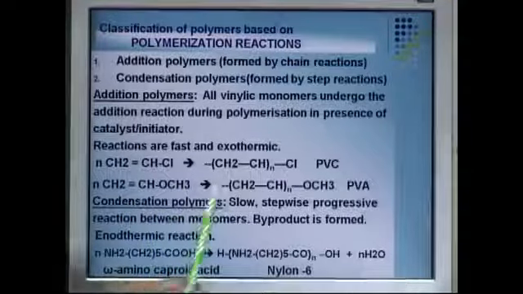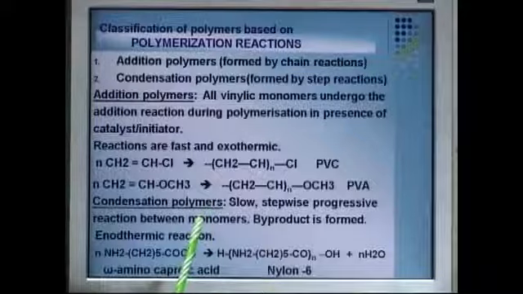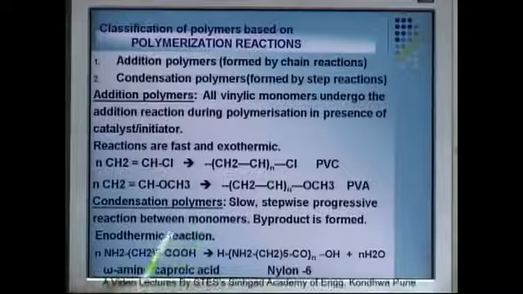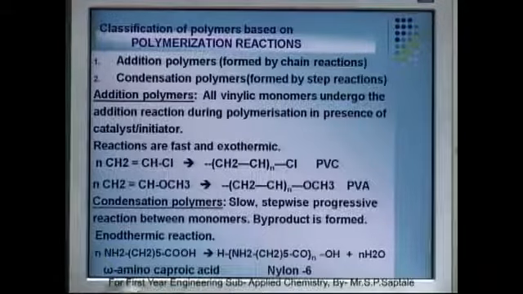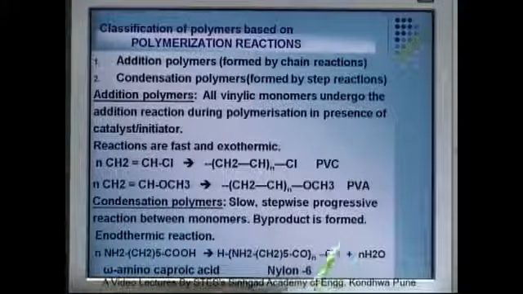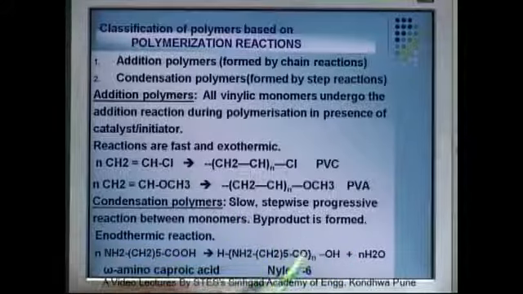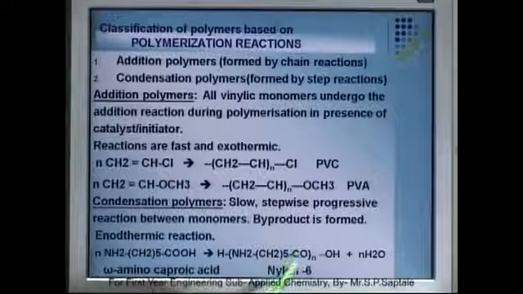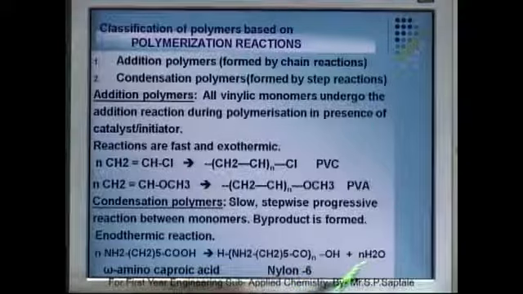Now coming to the second one, condensation polymerization. As discussed previously, take the example of omega aminocaproic acid: the condensation between carboxylic and amine groups will form nylon 6, with a CO-NH linkage or NH-CO linkage with the elimination of H2O.